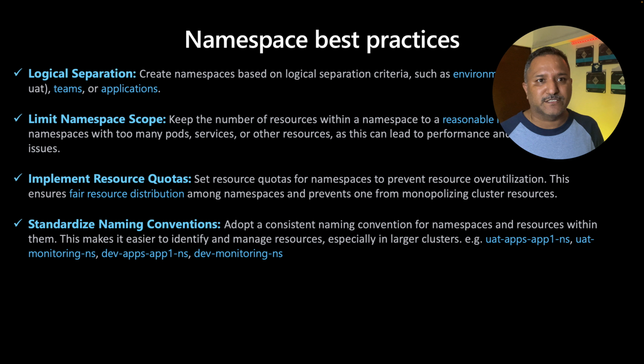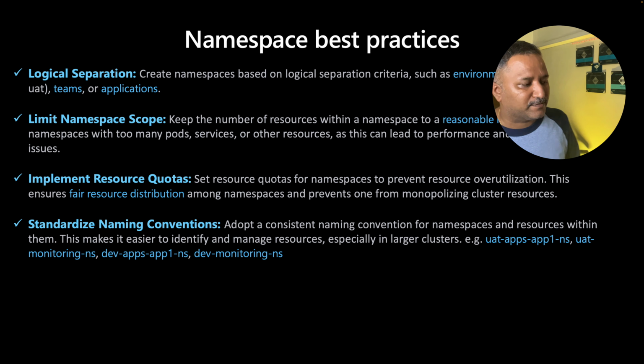Standardizing the names and conventions is another best practice to make sure that all teams follow a similar convention. And when we have a large cluster, it becomes easier to manage it if we follow standard naming conventions and guidelines. I've put some examples here, like we can have the environment name, then the type of the workload, and then the application, like the UAT apps is for application specific namespaces, and then app1 is an example of a specific application related namespace.